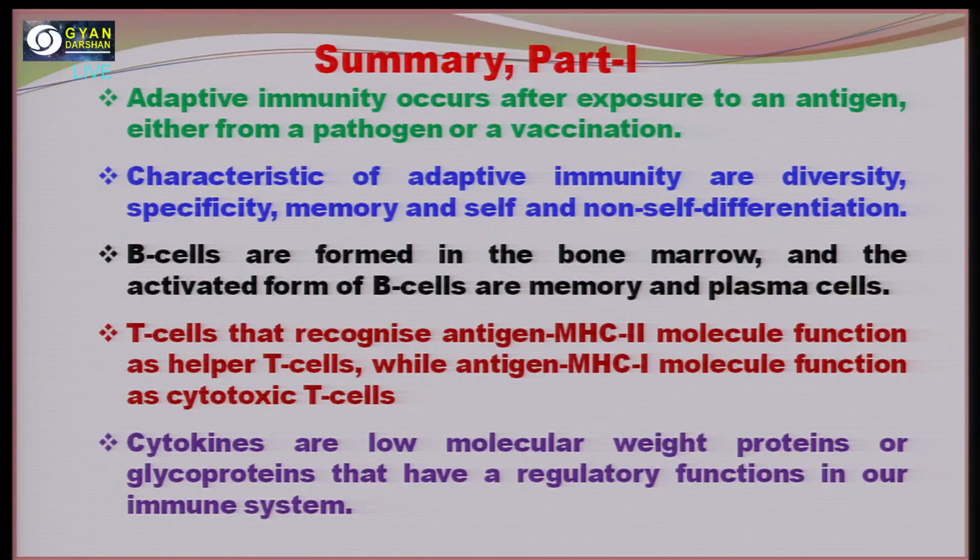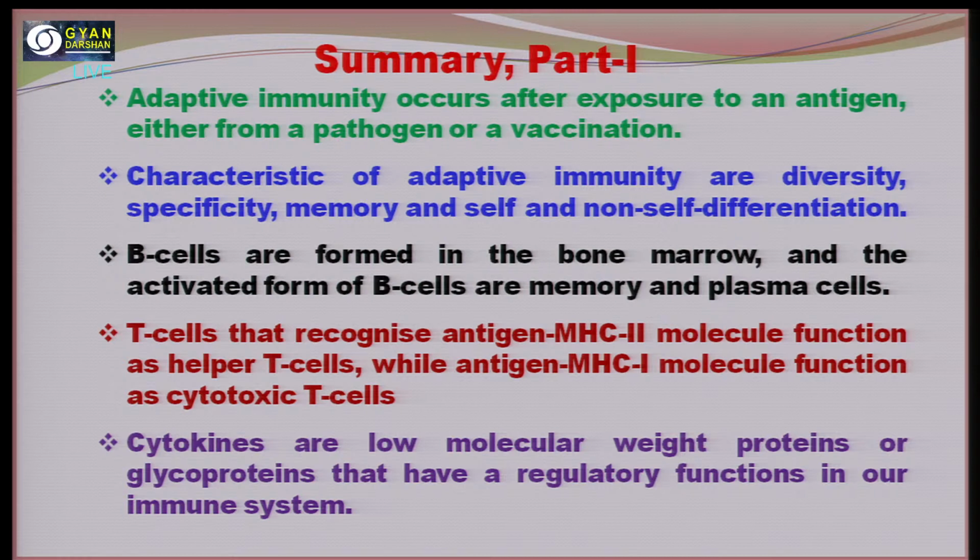Dear learner, I want to summarize part first. Basically, you have learned that adaptive immunity occurs after exposure to an antigen, either from the pathogen or vaccination.